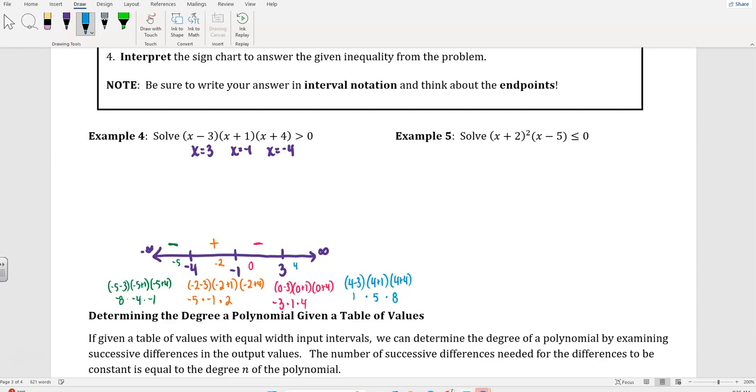And so positive times positive gives me a positive number right there. Get positive 40 for that one. Okay, so this tells me the sign of the function on all of these different intervals, right? So the graph of this function would be negative below -4, positive between -4 and -1, negative between -1 and 3, and positive above 3, right? Those are our intervals.